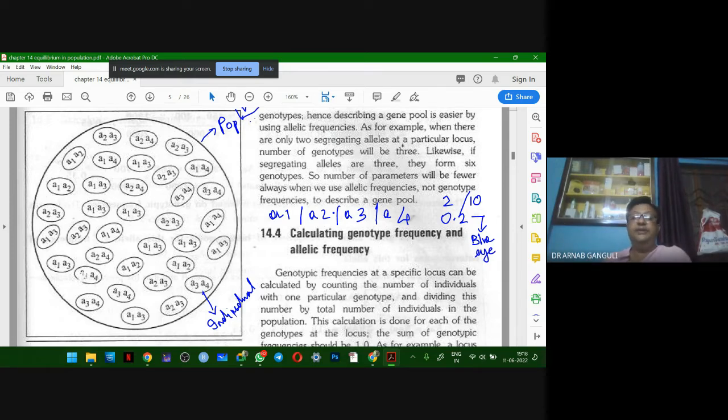So, the sum total of the frequency of all the alleles together of that particular gene, A1, A2, A3, and A4, that is the gene pool. Clear what is a gene pool? Yes, sir.